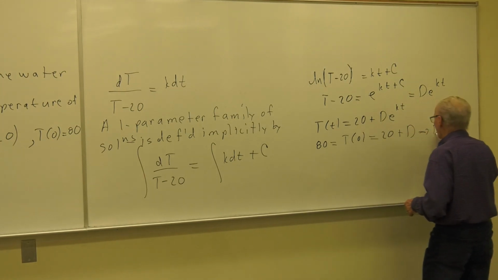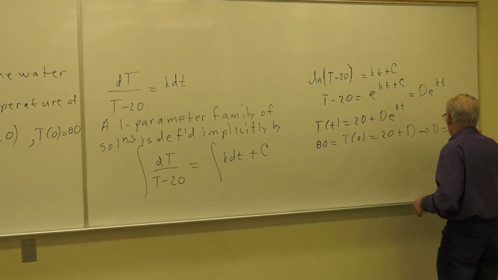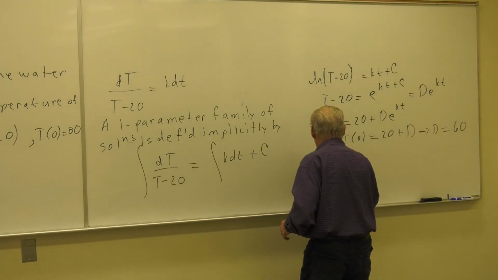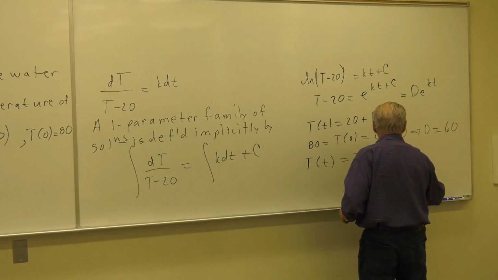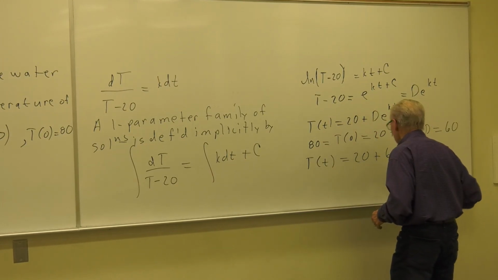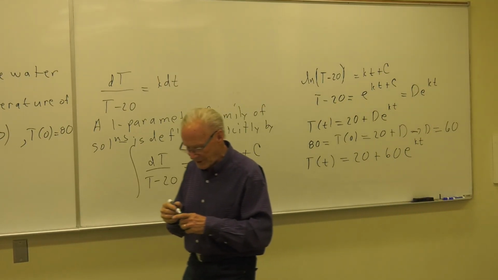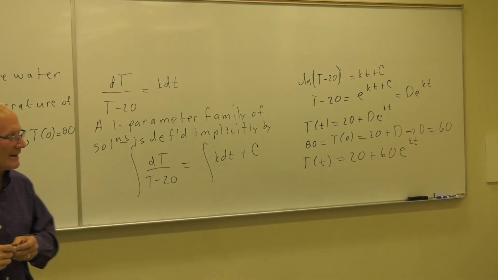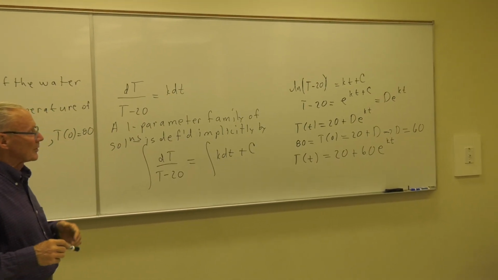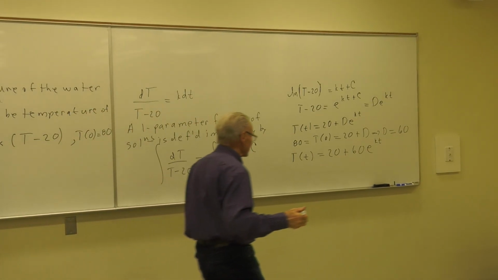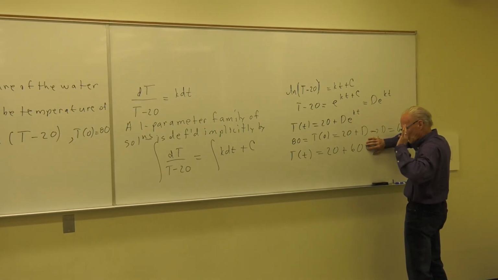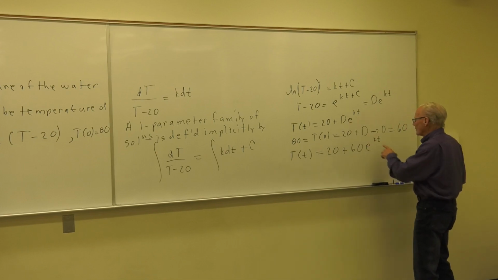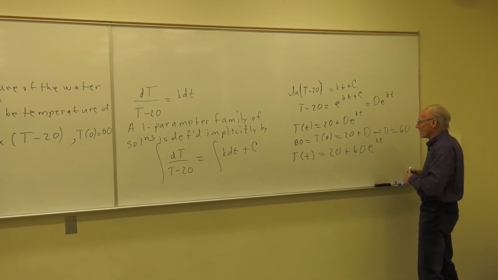So d then is equal to 60. So the temperature of my liquid is 20 plus 60 e to the kt. That has got to be the temperature of this liquid in this container as time progresses. Notice as a quick check, if I put in t equal to 0, I get 80. That's good, all right?